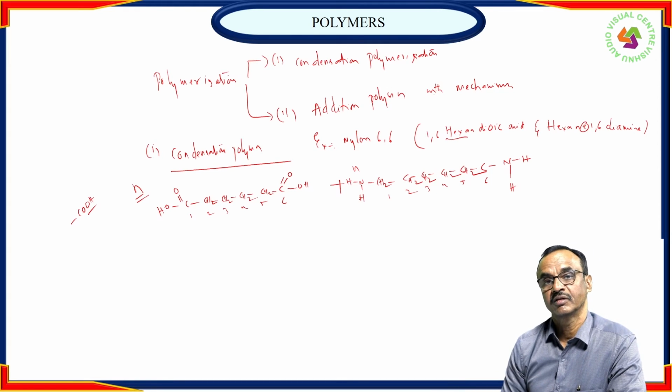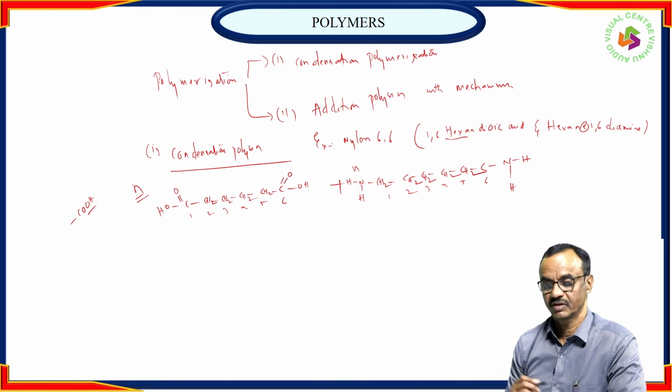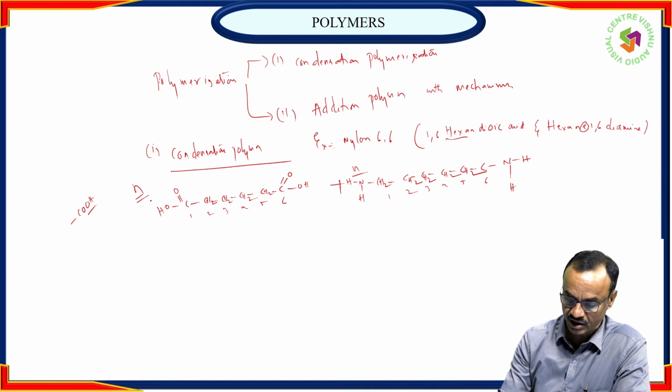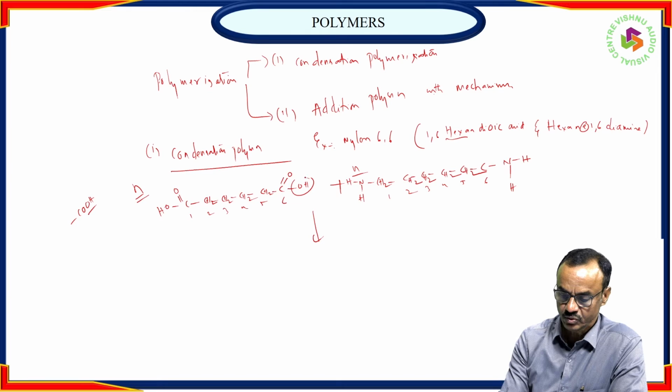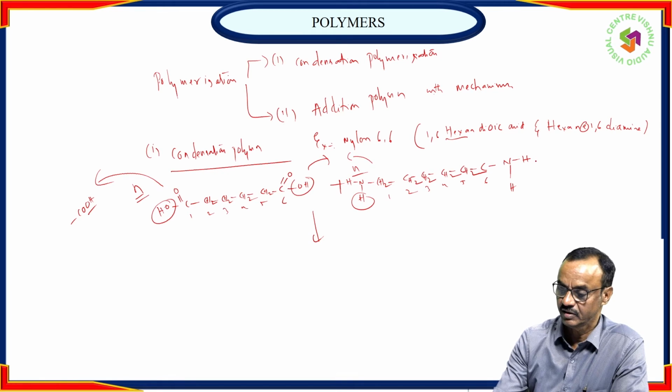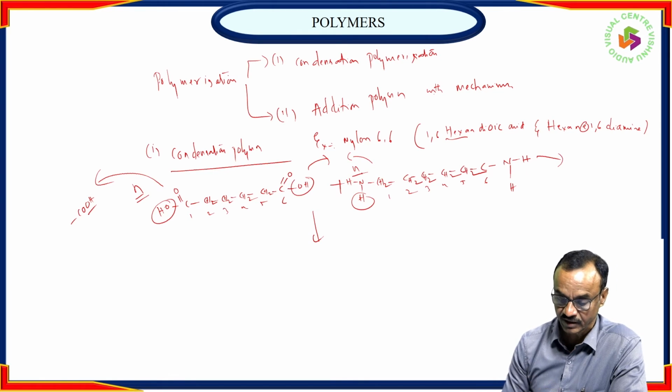Already keep this name in mind, and you write the skeletal structure for that. So n number of these are there. This OH, H plus, OH minus, links with another, and n number are there.